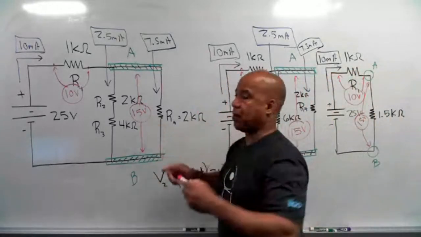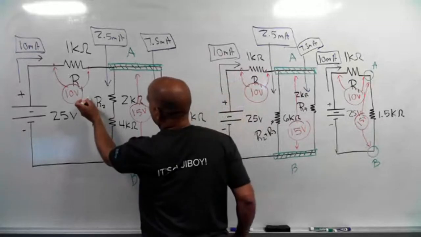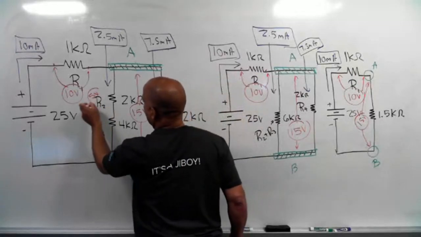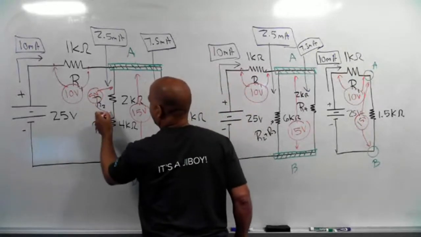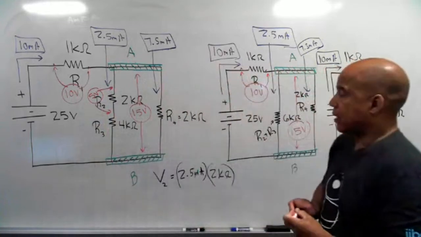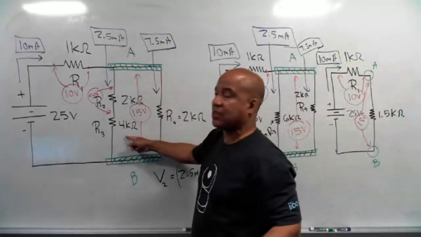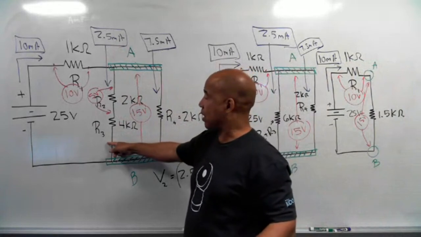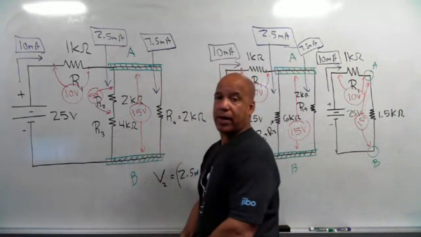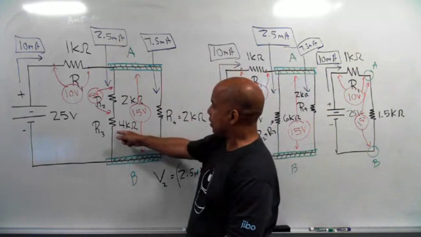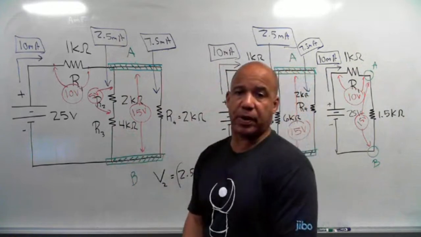So again, using my red marker, I'm going to show 5 volts across that resistor. And now I can do the same thing. I can multiply the current times this resistance if I want to get the voltage across R3. There's an easier way to do it. What's another way I can get the voltage across R3 without doing any multiplication?